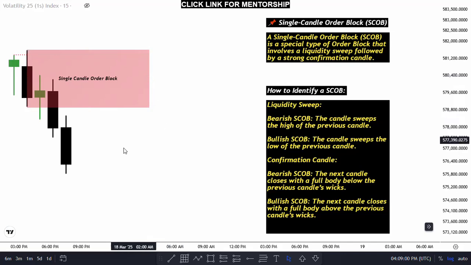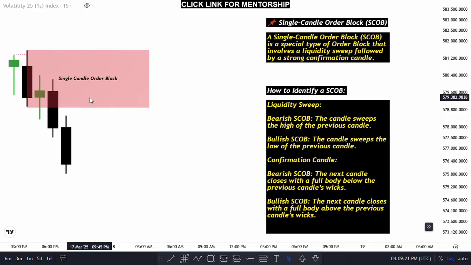So when you expect price to go back into that, you don't start looking for where there's a fair value gap. Sometimes you are going to have a single candle order block with a fair value gap down there. That is good for you in terms of confluence, but you don't really need it.